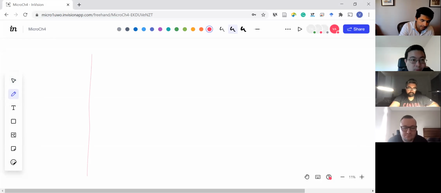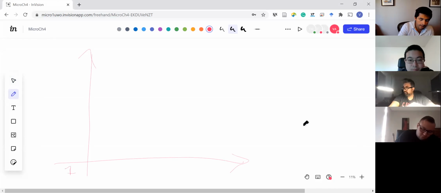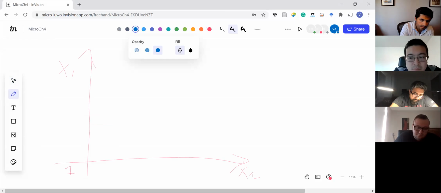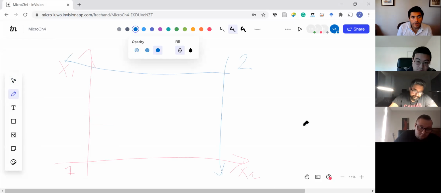So what's an Edgeworth box? An Edgeworth box has basically agent 1 here, and here you have consumption of good 1, consumption of good 2, right? And here you have agent 2. So what is an endowment? An endowment is some point basically in the Edgeworth box.